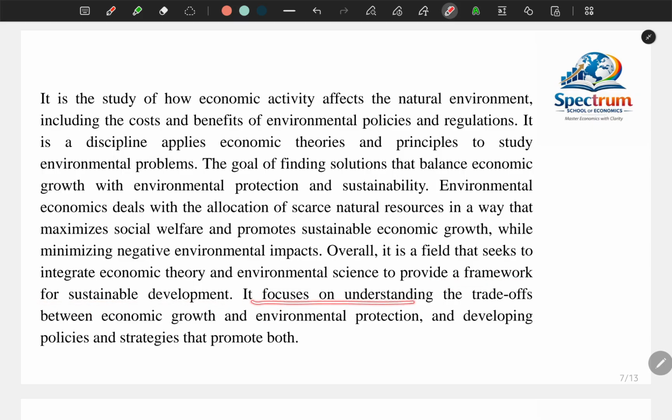It also focuses on understanding the trade-offs between economic growth and environmental protection and developing policies and strategies that promote both. So here it is telling that both economic development and natural resource management are very important for sustainability.